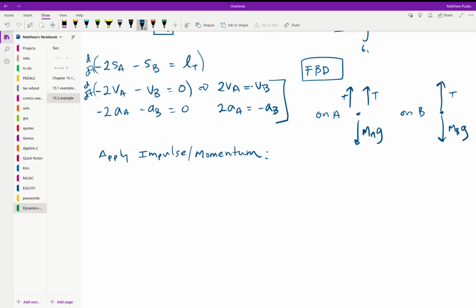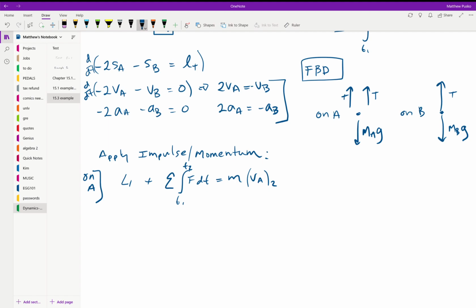So that would be L1. We're looking at the y direction only in this case, but let's go ahead and say this is on A only for now. So on A, L1 plus the summation of our impulses from T1 to T2 is going to equal the mass times the velocity of A at 2.